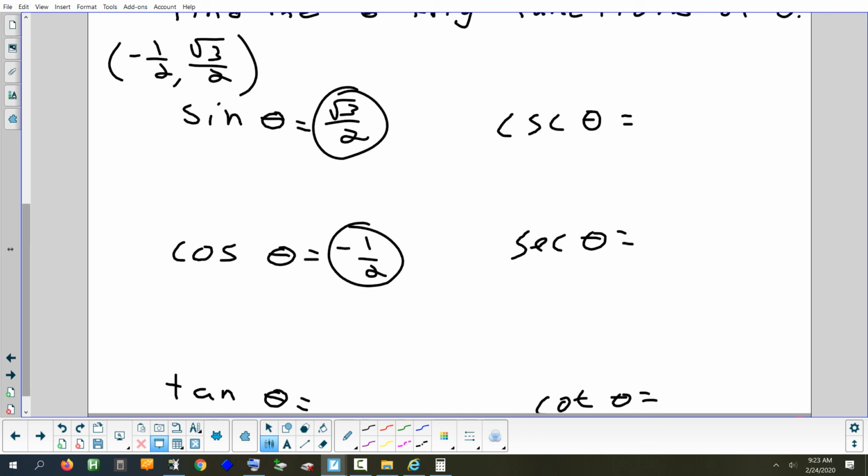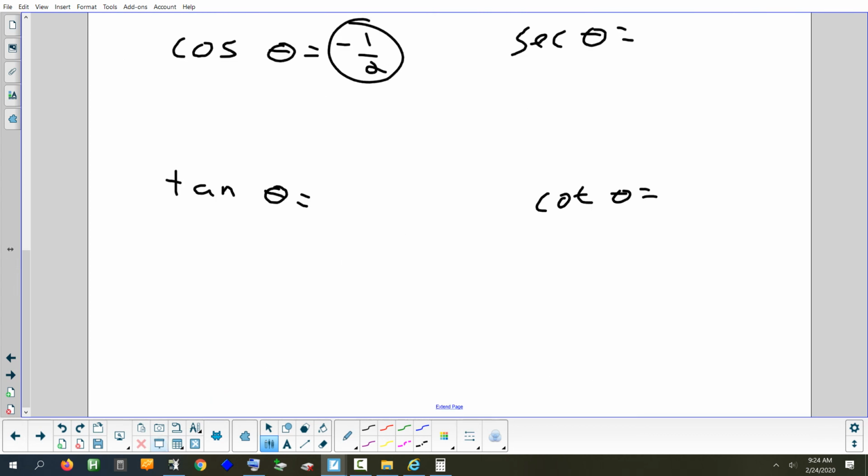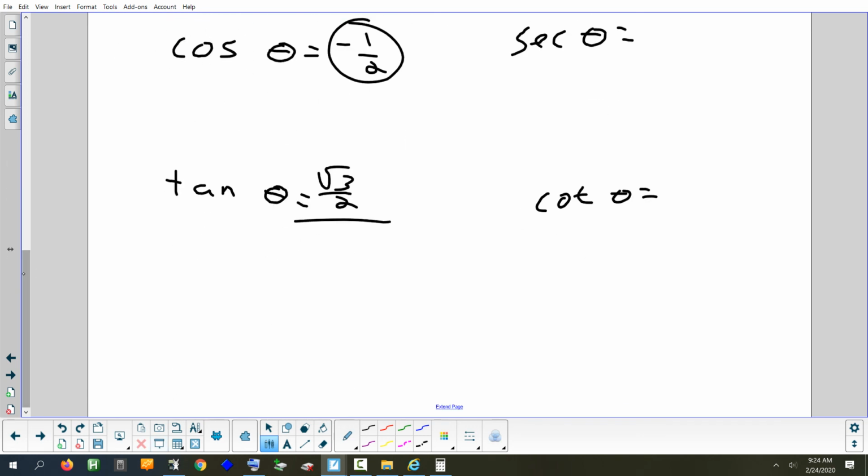So Nick, what's the formula for tangent? Y over X. So it's square root of 3 over 2 divided by negative 1/2. All right, so now we have a fraction over a fraction.